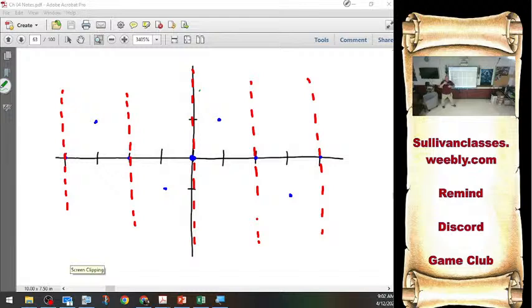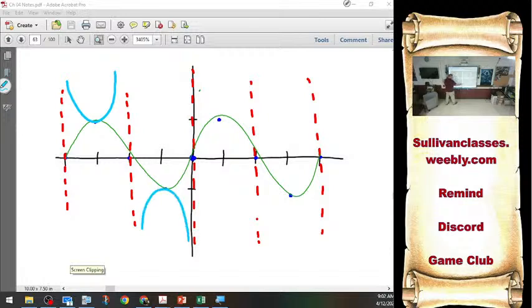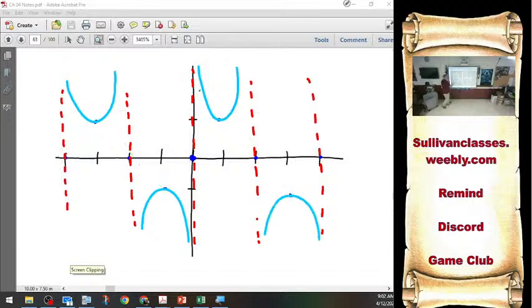What's the reciprocal of 1/10,000th? 10,000 over 1. So 1/10,000th becomes 10,000. Maximums become minimums. Minimums become maximums. And that's your cosecant graph.